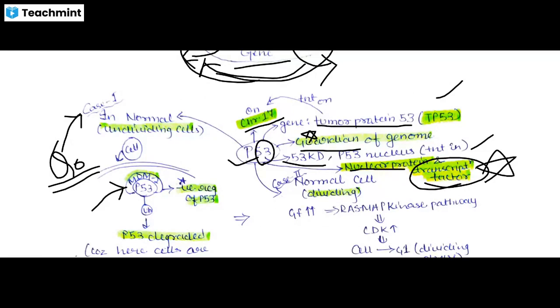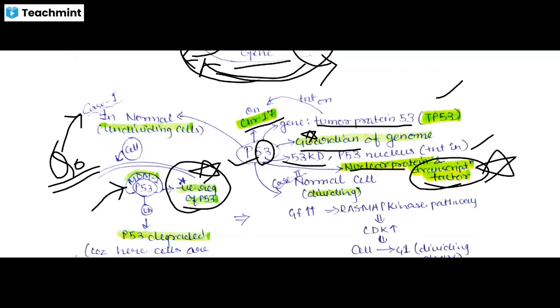First of all, you need to know that P53 is always present in the cell, but in inactive form. Why in inactive form? Because MDM2 is negatively regulating P53. Very important point: MDM2 is an inhibitor of P53. It is bound with P53 until it is required in the cell.